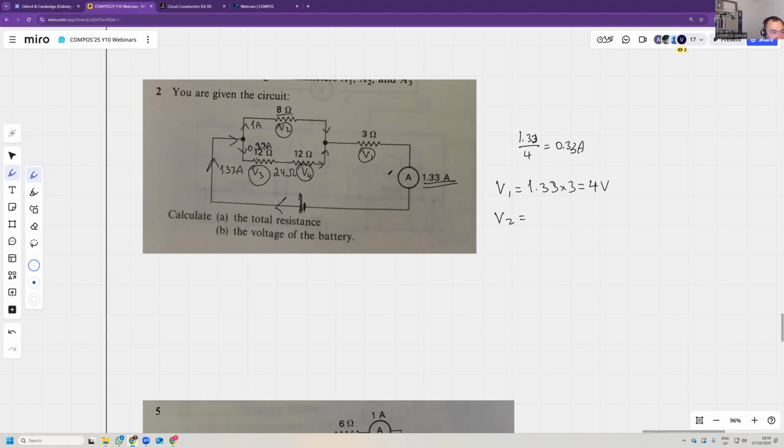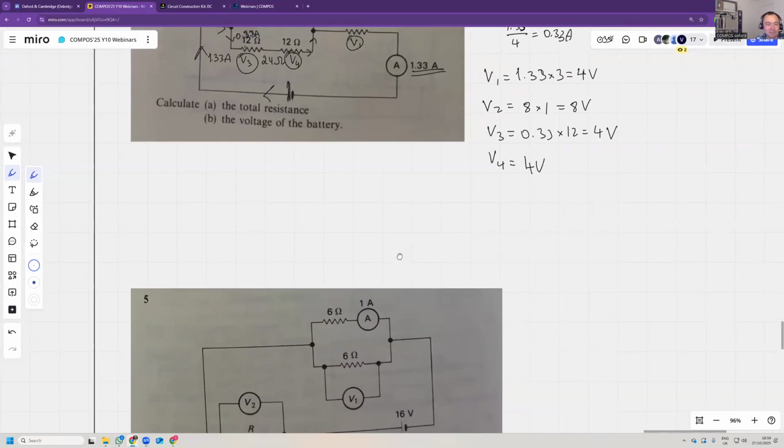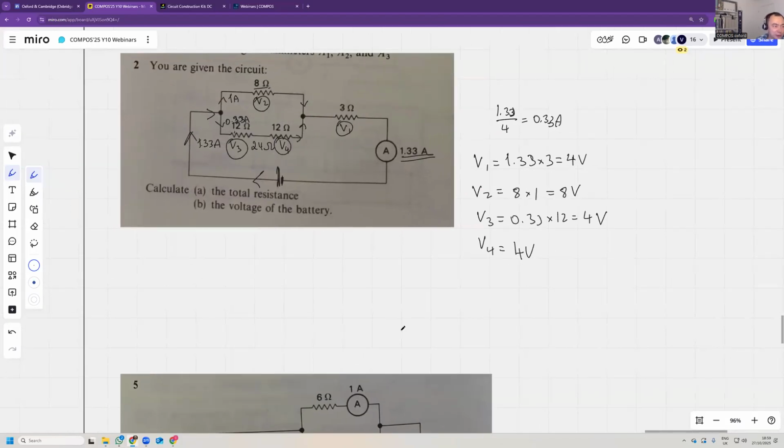V2 is 1 amp times 8, so 8 volts. V3, that's 0.33 times 12, which is 4 volts, and V4 is also going to be 4 volts because it's the same current and the same resistance. And the currents we already know.